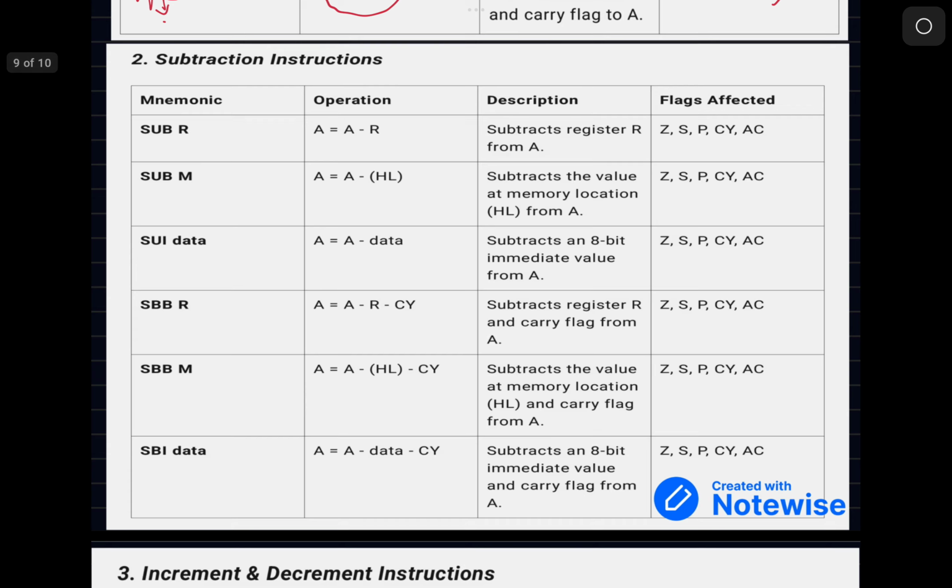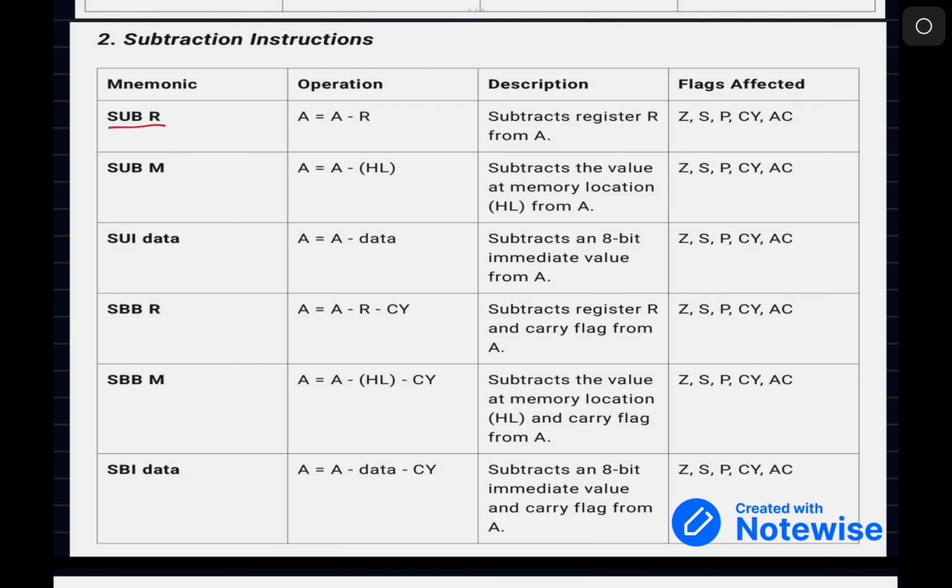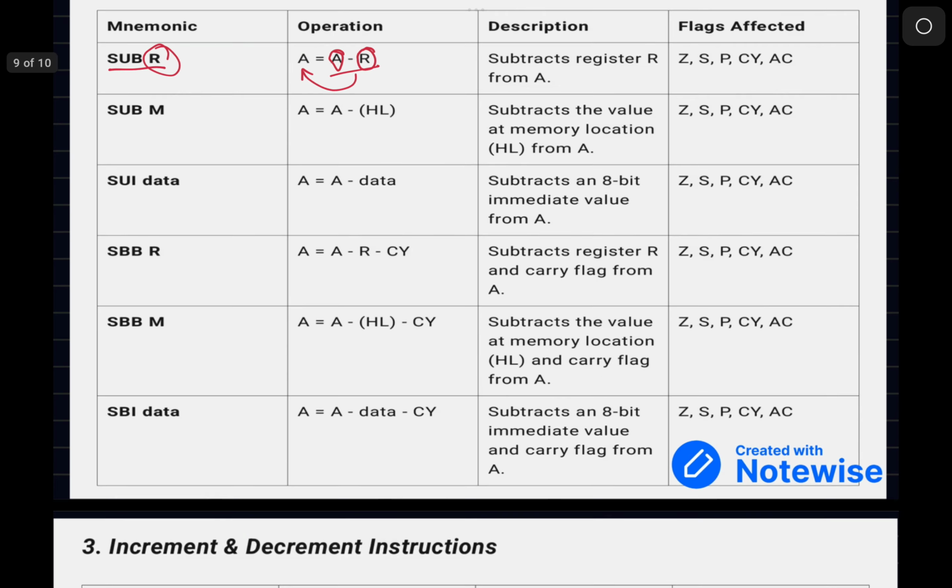In the subtraction instruction, likewise in the addition instructions, we have this SUB R. SUB R means subtract this register, which means that we have to subtract the content of the register provided in the instruction from the content of A, and the difference is stored in the accumulator.